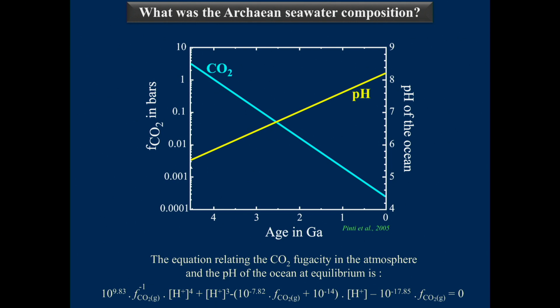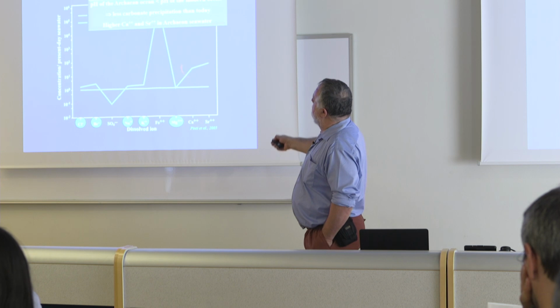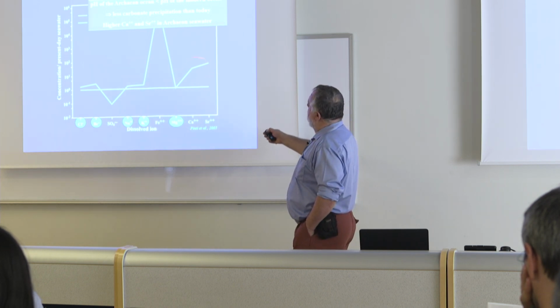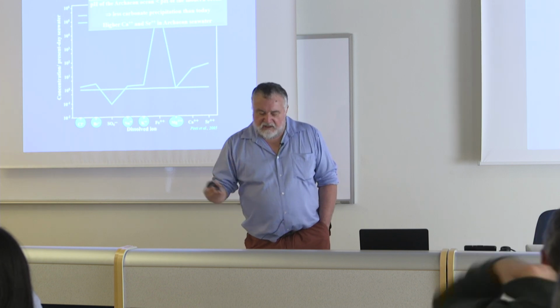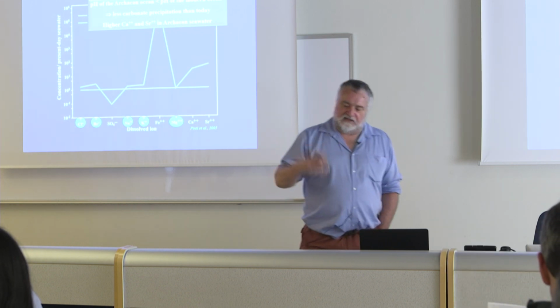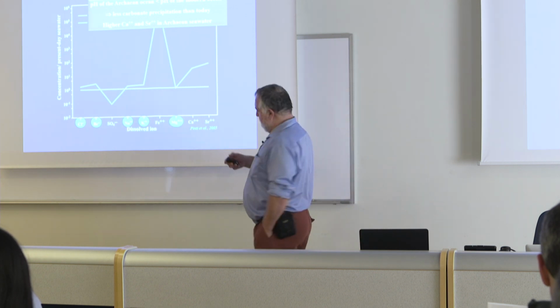So in this condition, the carbonate precipitation was less than today, resulting in higher calcium and strontium content in the oceanic water. So the high content of calcium and strontium is explained by the fact that the pH of the ocean was lower than it is today.